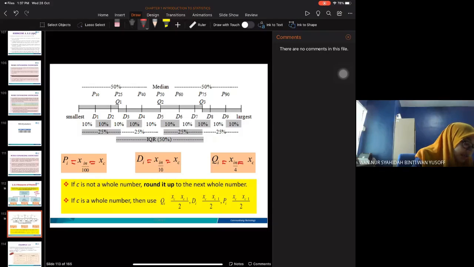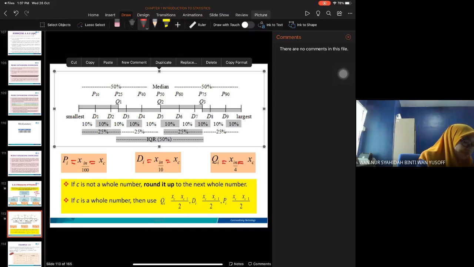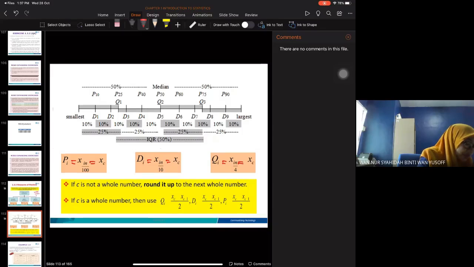If the C is not a whole number, round it up to the next whole number. For example, when you calculate the percentile here, you get C, not a whole number, meaning it has decimal places. Let's say that we get 5.5. So 5.5 is not a whole number, so we round up to the next whole number.